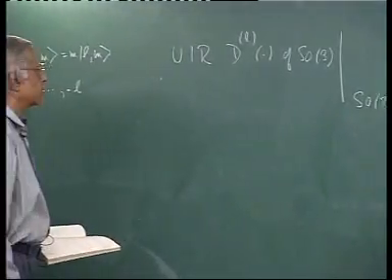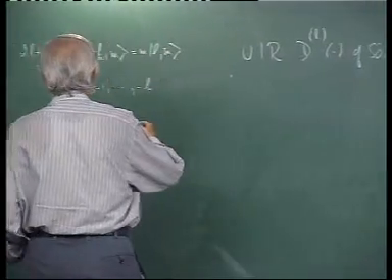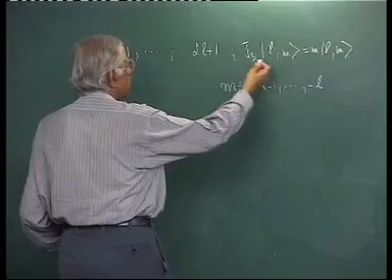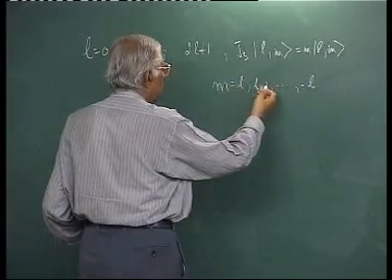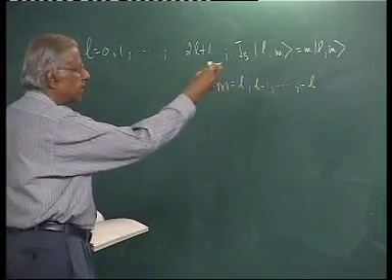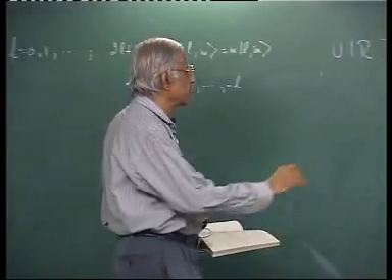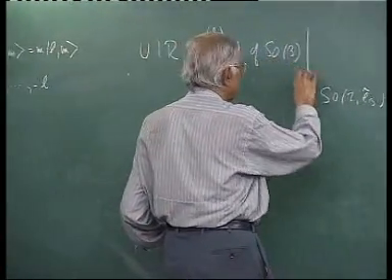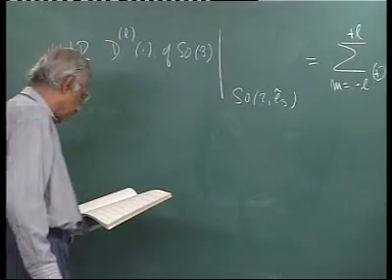All right? So that's the meaning of the statement that the spectrum of the generator J3 is L, L minus 1 up to minus L.